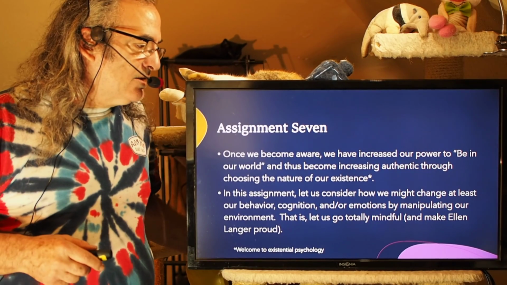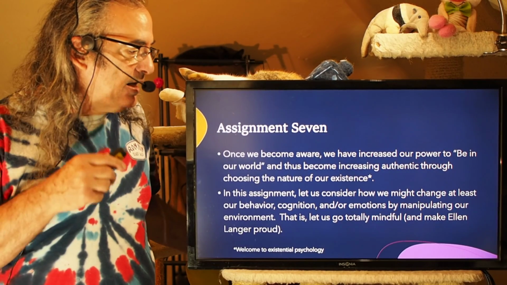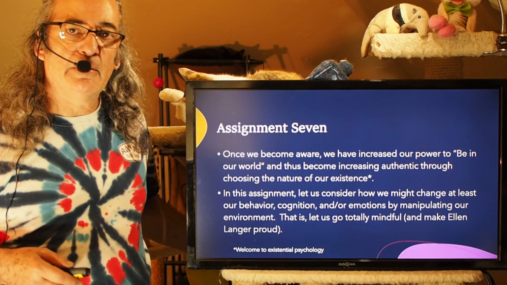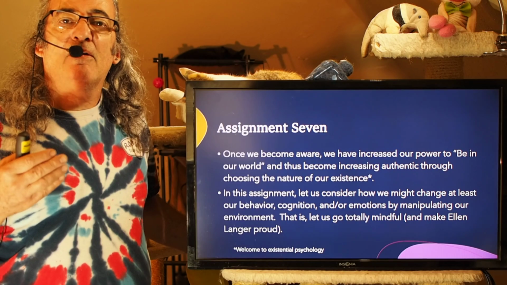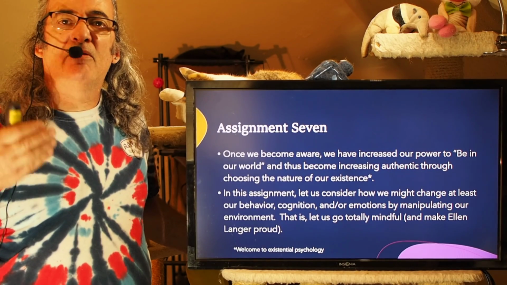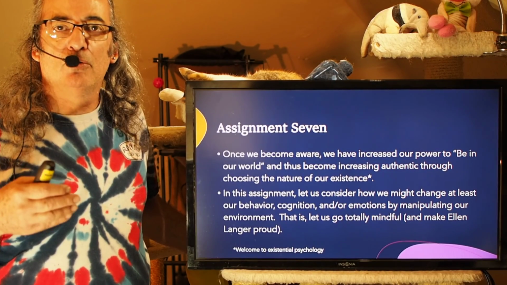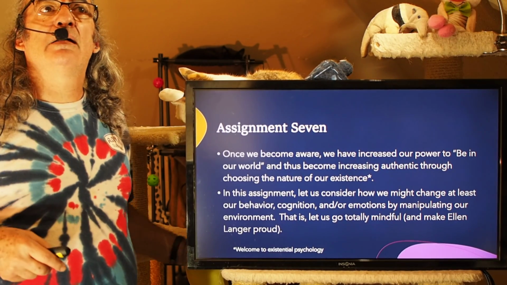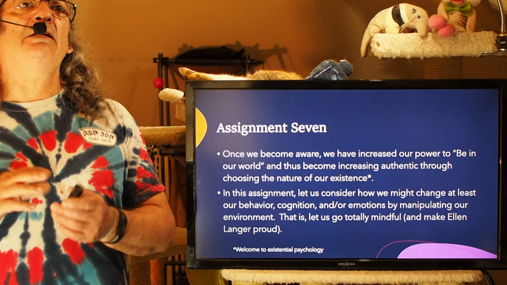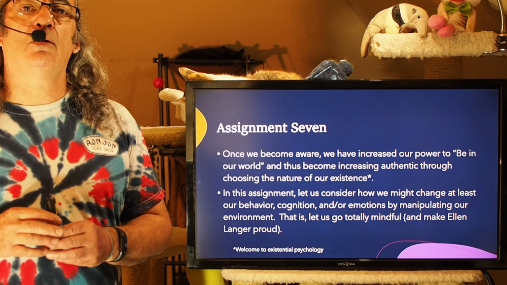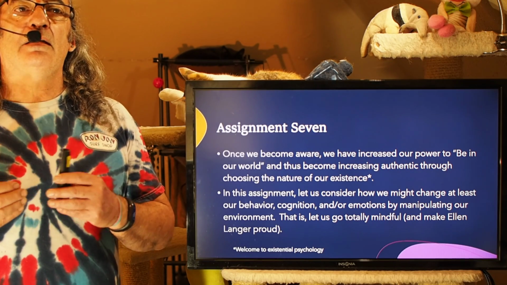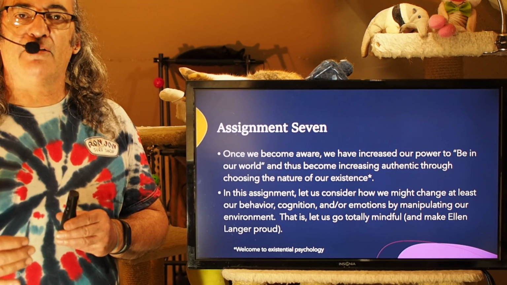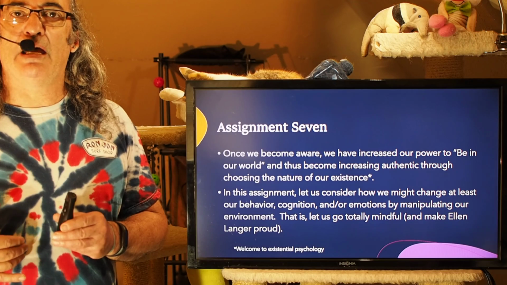In this assignment, let us consider how we might change at least our behavior, cognition, emotions by manipulating our environment. So we manipulate our environment because we know that our environment has the power to cause us to behave in certain ways. So with that in mind, say, wow, if I want to eat less, if I want to go onto a diet, then one of the things that would probably benefit me is not to bring food that I can't resist into the house.